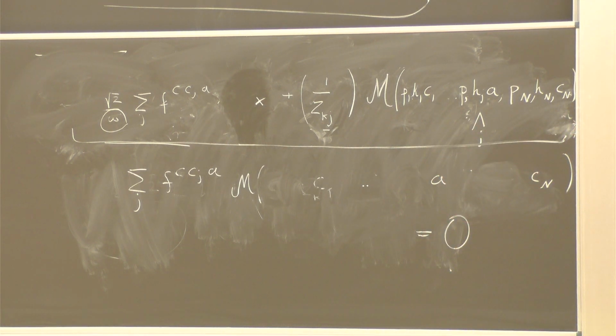You can go through a similar argument for gravity, because at the level of Feynman diagrams, gravity is a square of Yang-Mills, which means that the polarization vectors of spin 2 are products of the polarization vectors of spin 1.